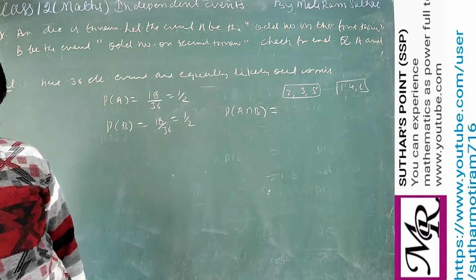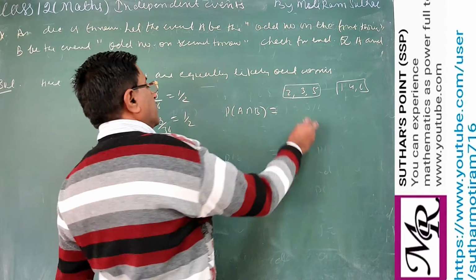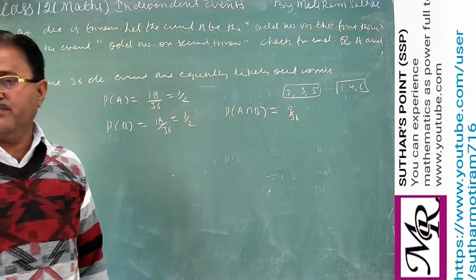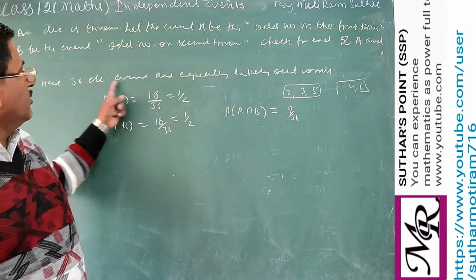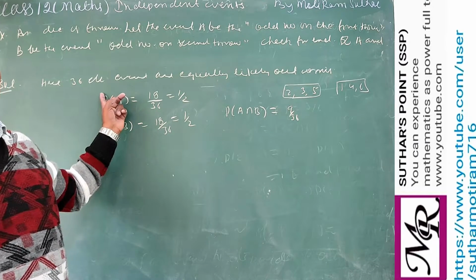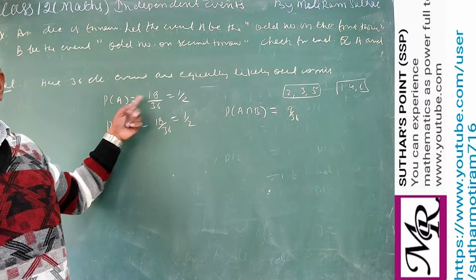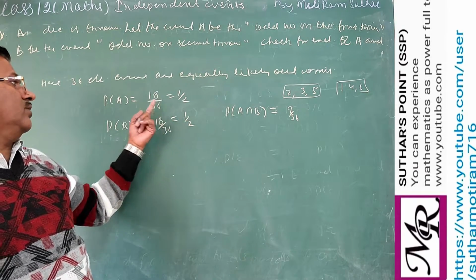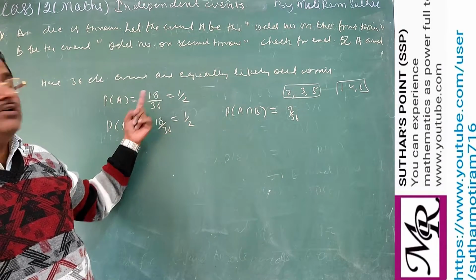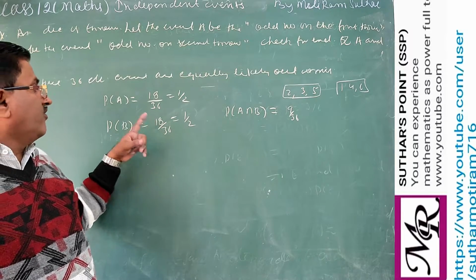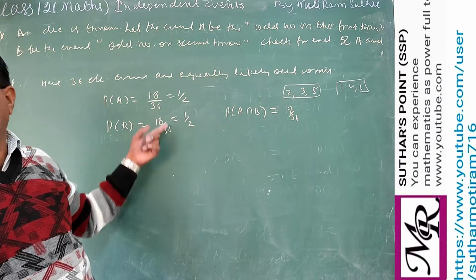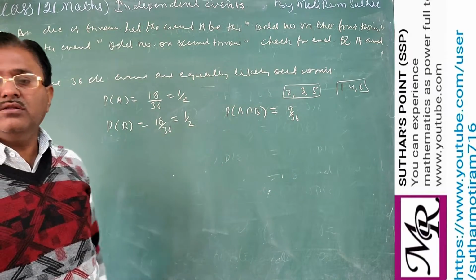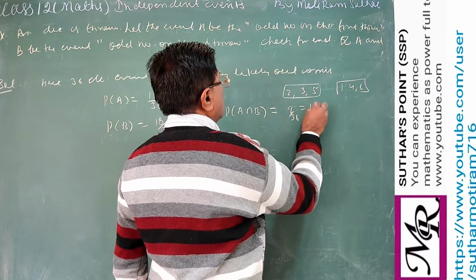So we can say 9 by 36, or you can write all 36 outcomes and then check: 1,1; 1,2; 1,3; 1,4; 2,1; 2,2; 2,3 and so on. Write them all down and check. First shows odd, second shows odd, and both should show odd numbers. So that is 9 upon 36, that is 1 by 4.